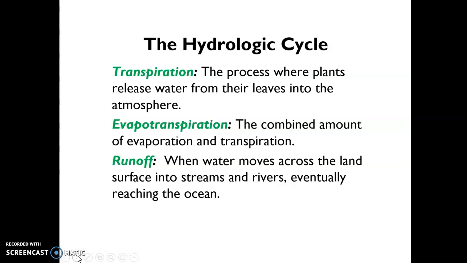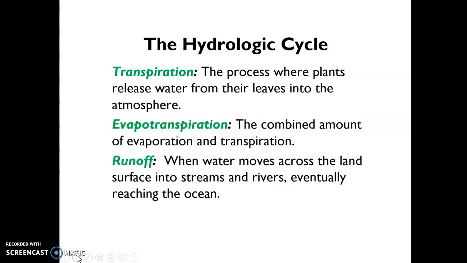Okay, we have mentioned all of these, but let's just make sure we have the terms down. Transpiration is the process where plants release water from their leaves into the atmosphere. I'm actually glad that this slide came up because I did leave out one important impact on the hydrologic cycle, and that's deforestation.